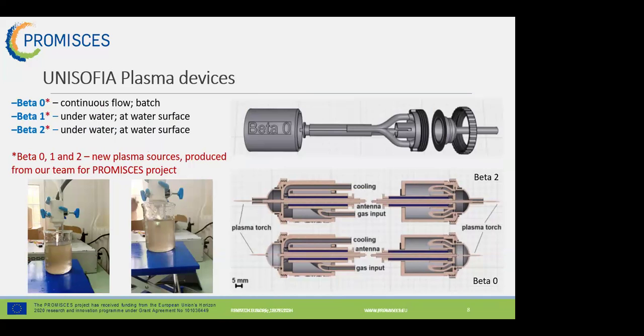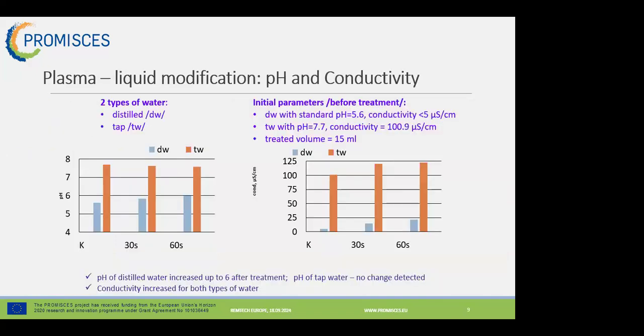In the first case, the plasma is produced above the water surface, and we have all three regions. And in the second case, we have plasma produced directly in the water, and there is no interface between plasma and liquid.